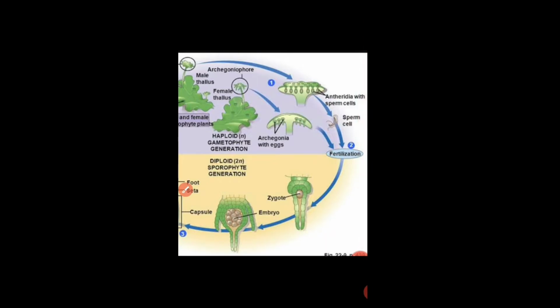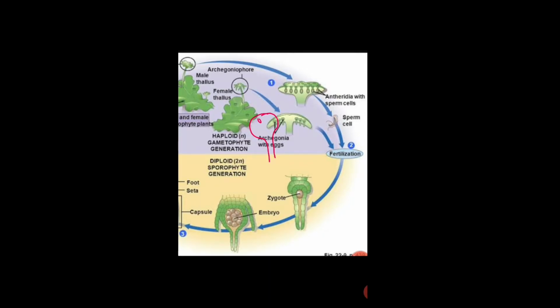So here only one egg cell is produced, and that archegoniophore is mainly of flask shape, and here one egg cell is formed. So remember that it is within flask shape, right?